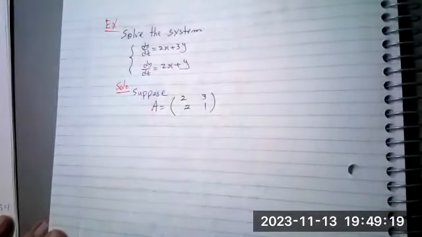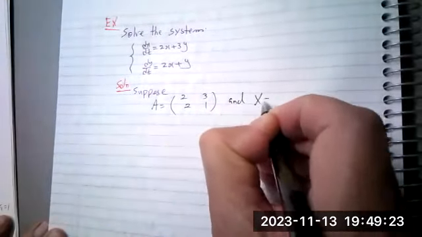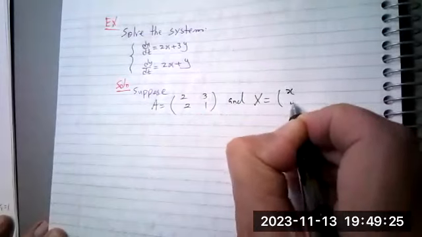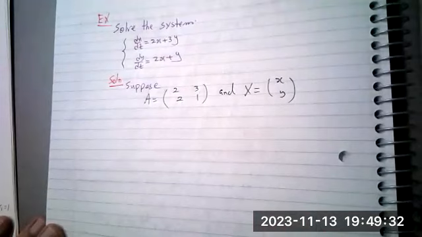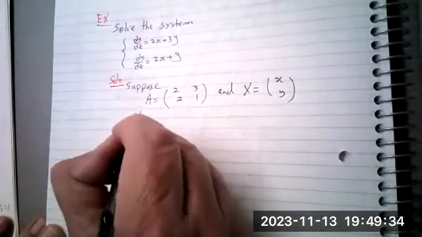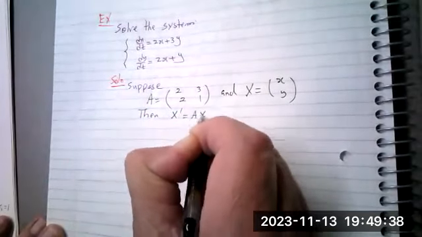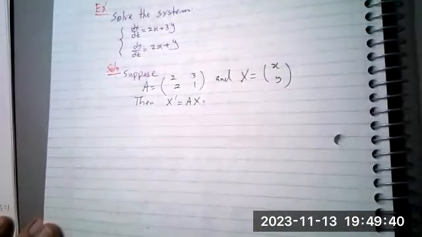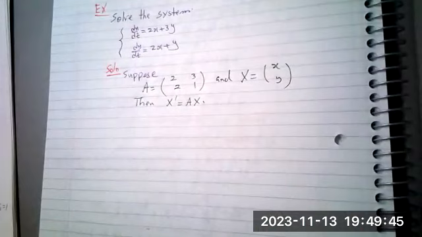That's A. And you introduce X, which is going to be x and y. Then you have this system, X prime equal to A times X. Now we are ready. We know how to do it. We have to find the eigenvalues of this matrix, and we continue because everything is already proved.